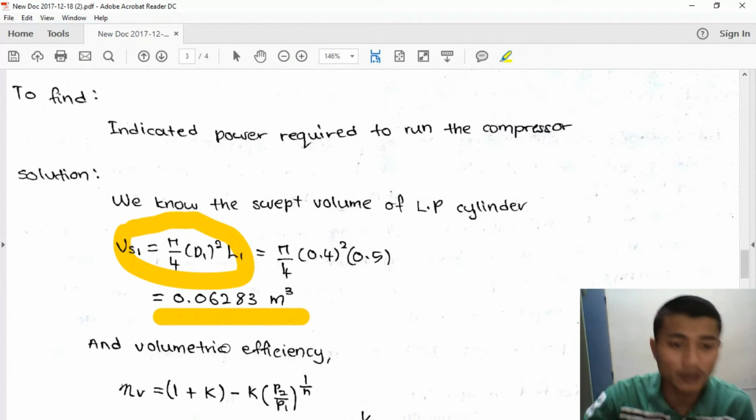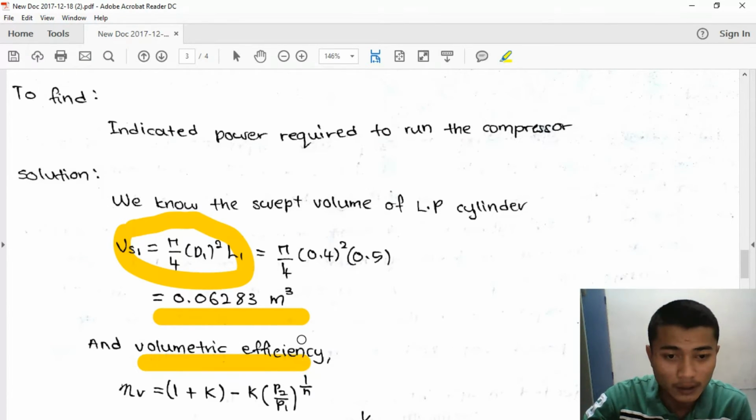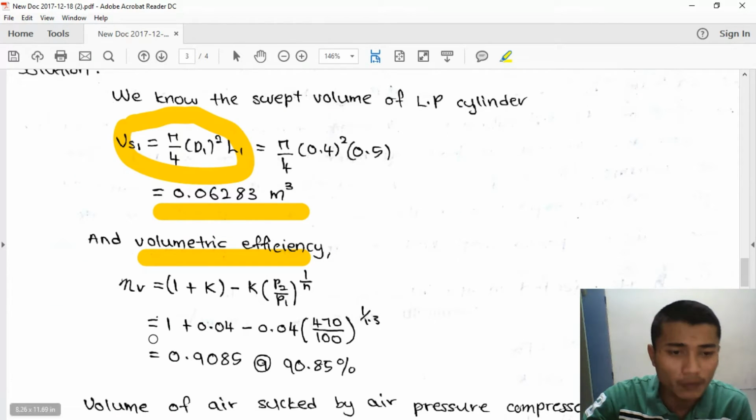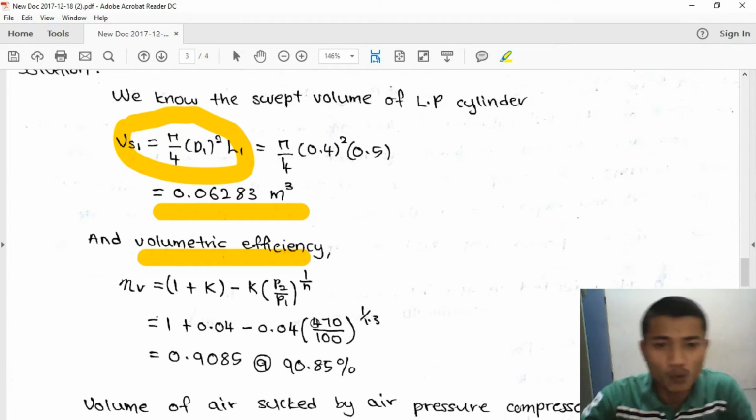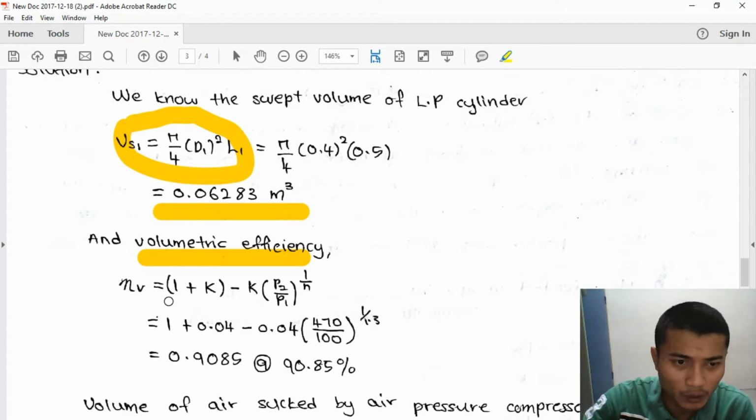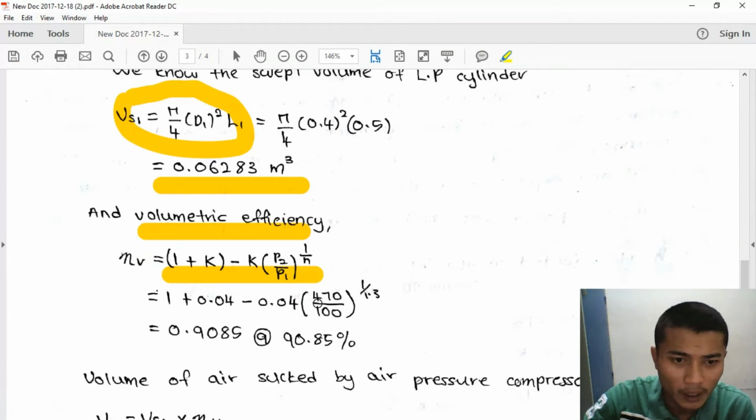After that, we find the volumetric efficiency. The formula of volumetric efficiency is 1 plus K minus K times P2 over P1 to the power of 1 over n. Using this formula, we get a volumetric efficiency of 0.9085.